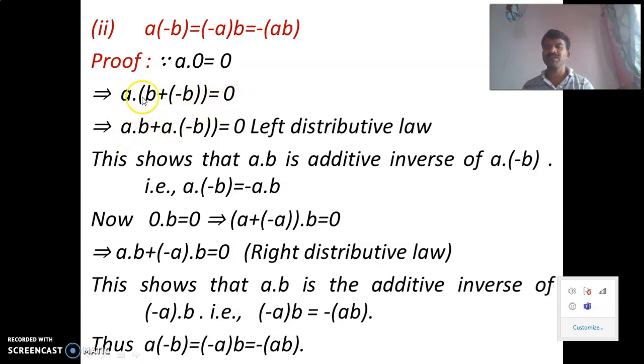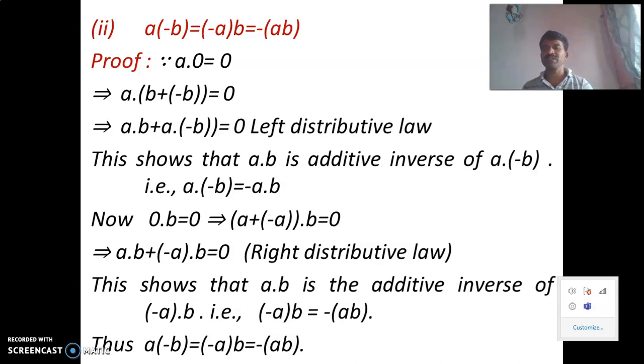That implies A dot B plus A dot of minus B is 0 by the left distributive law. This shows that A dot B is an additive inverse of A dot of minus B. That is, A dot of minus B is minus of A dot B.